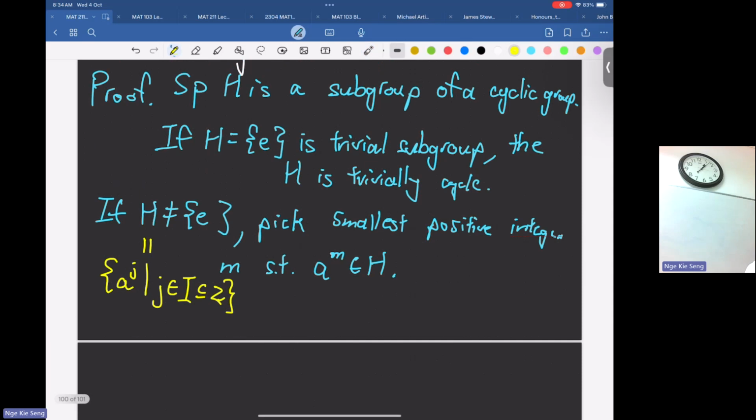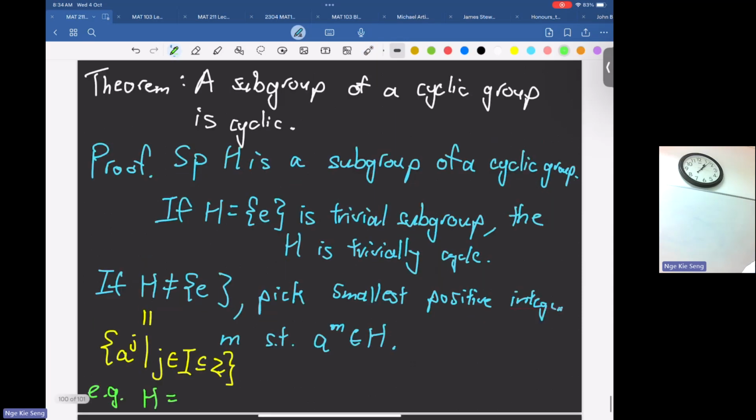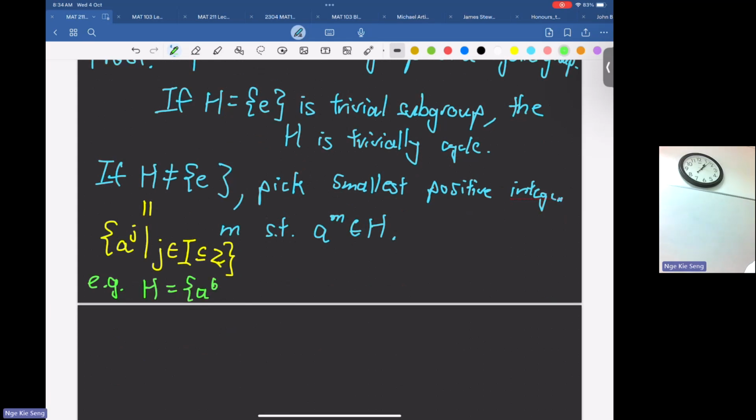For example, H equals, let's say, A6, A4, A3, then we pick the smallest guy, A3. So what are we proving here?